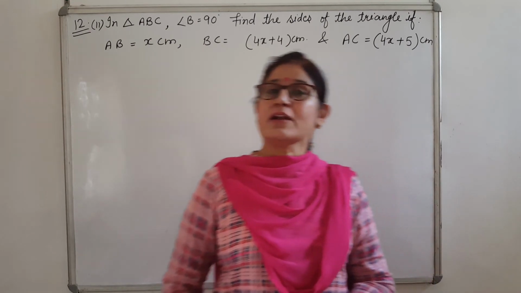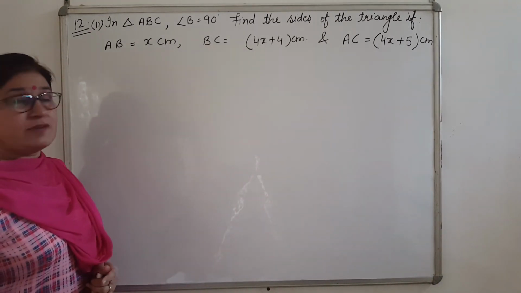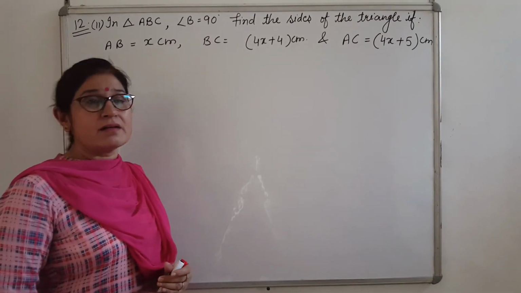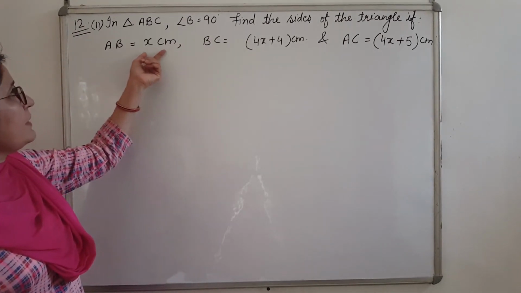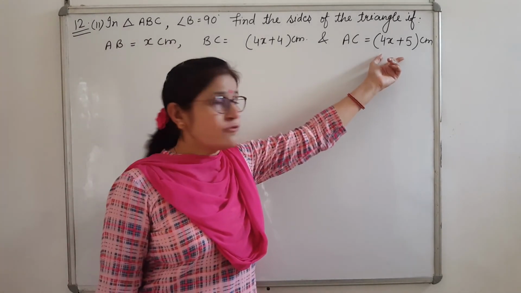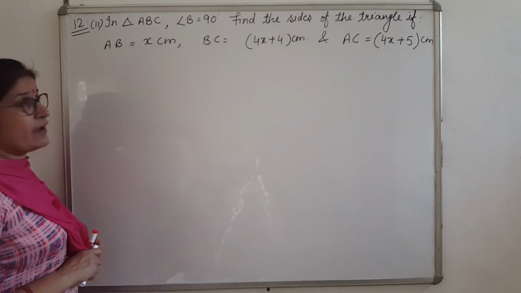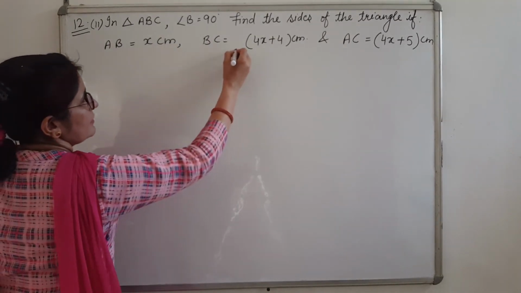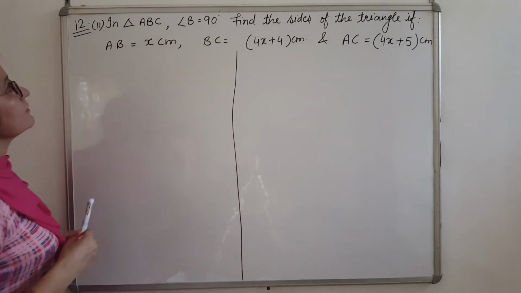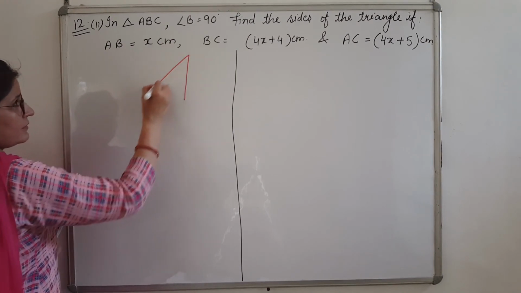In this question there are two parts. We will do the second one. A triangle ABC is given in which angle B is 90. You have to find the sides of the triangle, and the sides are given: AB as x, BC 4x plus 4, AC is 4x plus 5. First of all, what will we do? We have to draw a triangle, a right angle triangle.